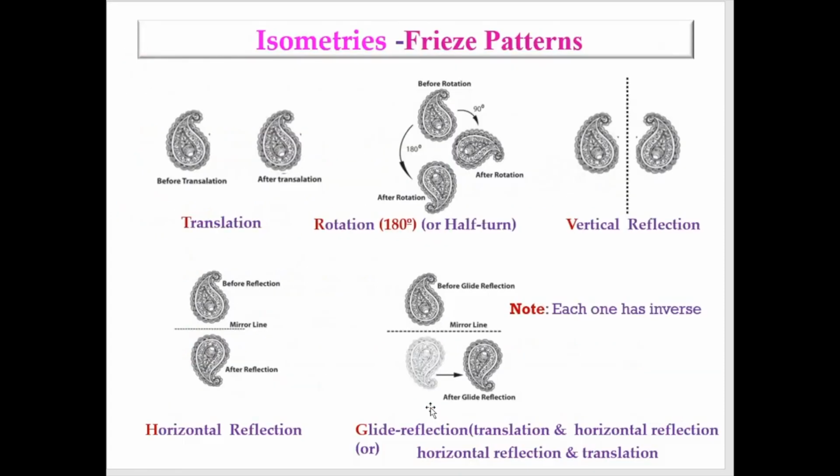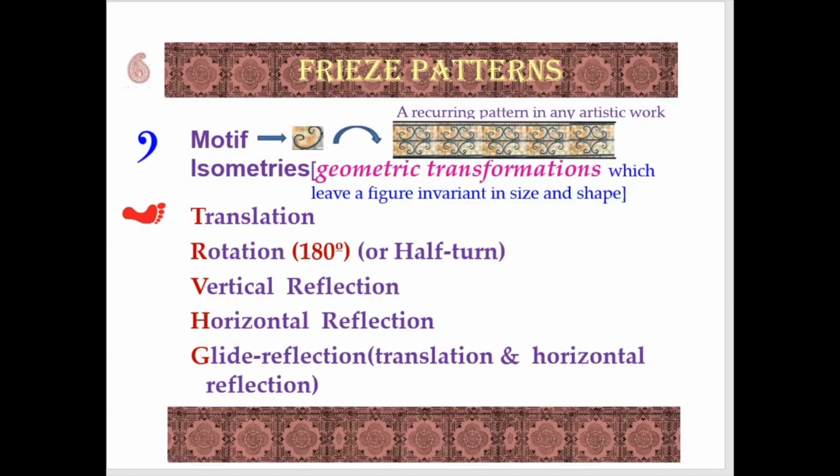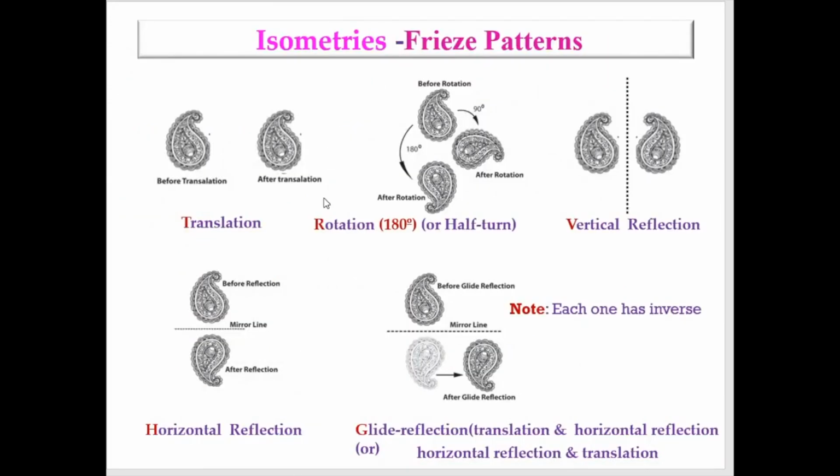And to explain that, we shall consider this motif. In the previous one, we said that we have this one to be one motif, and the motif can also be like this, or like this. So in this case, to explain isometries, we consider this one.